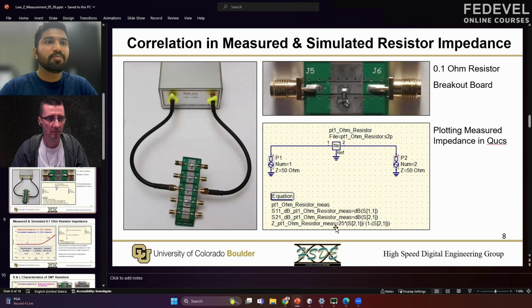So we have this equation to plot the impedance. The presentation will give you more insights on best practices for using the software. Anybody who wants to review it can go through it, and I'll share the link with you as well.